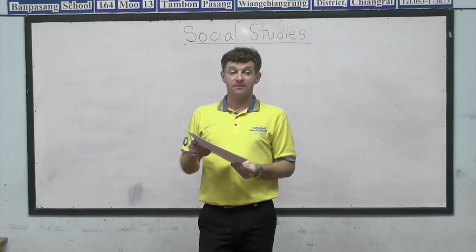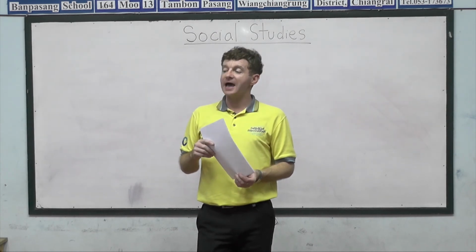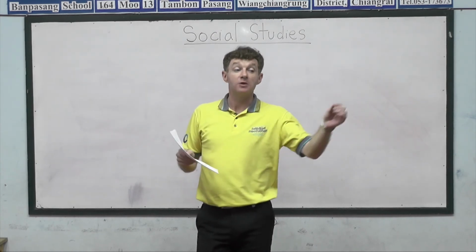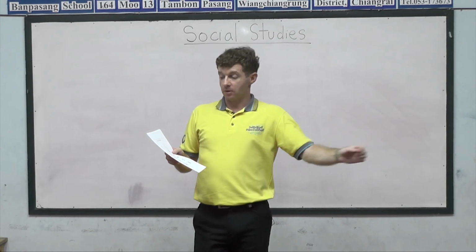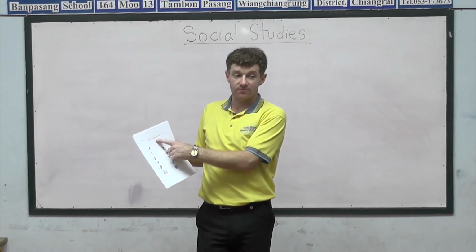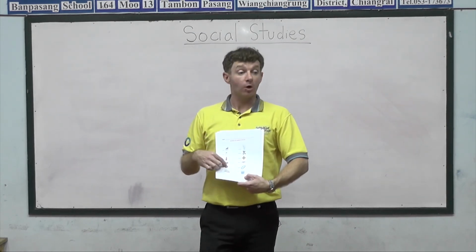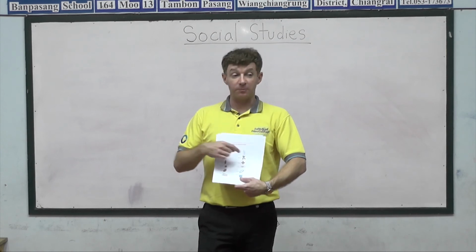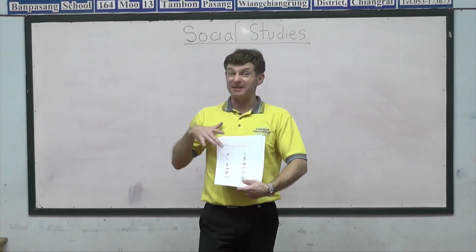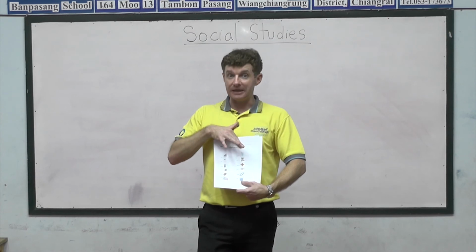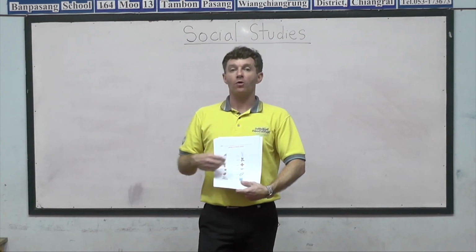What does desired mean? Things we want. Or needed? Things we need. There are pictures and words, and what you need to do is next to each picture write either desired or needed, depending on what you think.